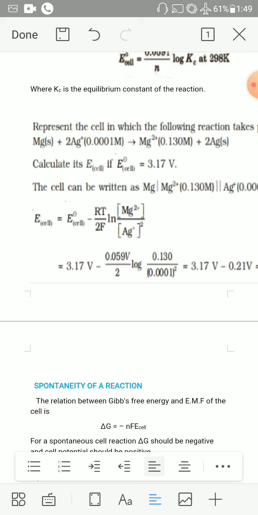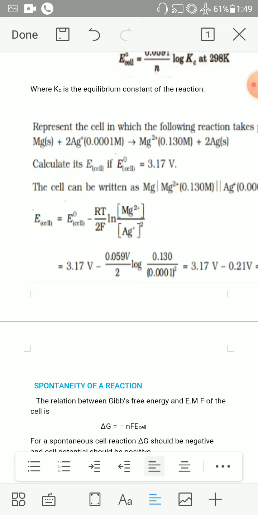Here on the reactant side magnesium is solid, and on the product side silver is solid. The reactant Ag plus is in aqueous solution, and on the product side magnesium 2 plus is in aqueous solution, and their concentrations are given. And the standard cell potential E0 cell is also given, 3.17 volt.